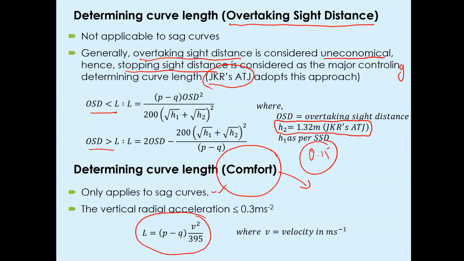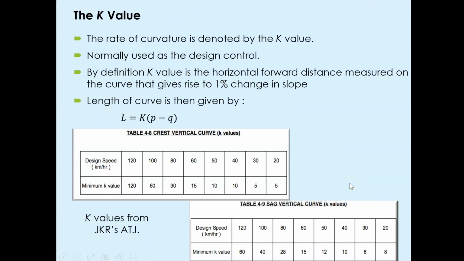Next. Something wrong here. The K value. Remember I was talking about the K value. The K value, by definition, is the rate of curvature of a curve, and normally we use this value K to determine the minimum length of the vertical curve.